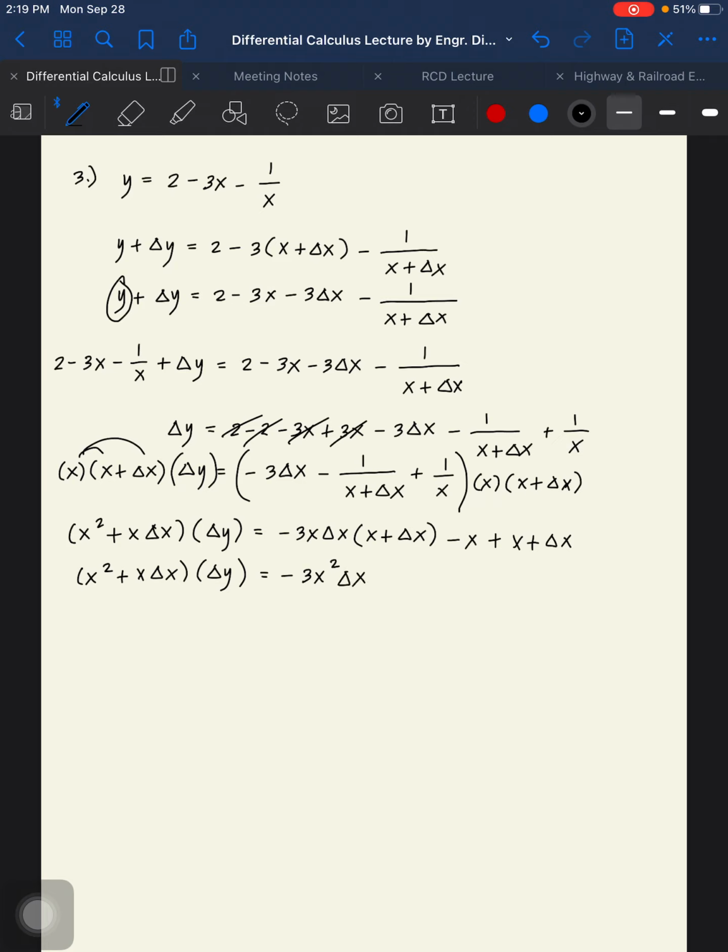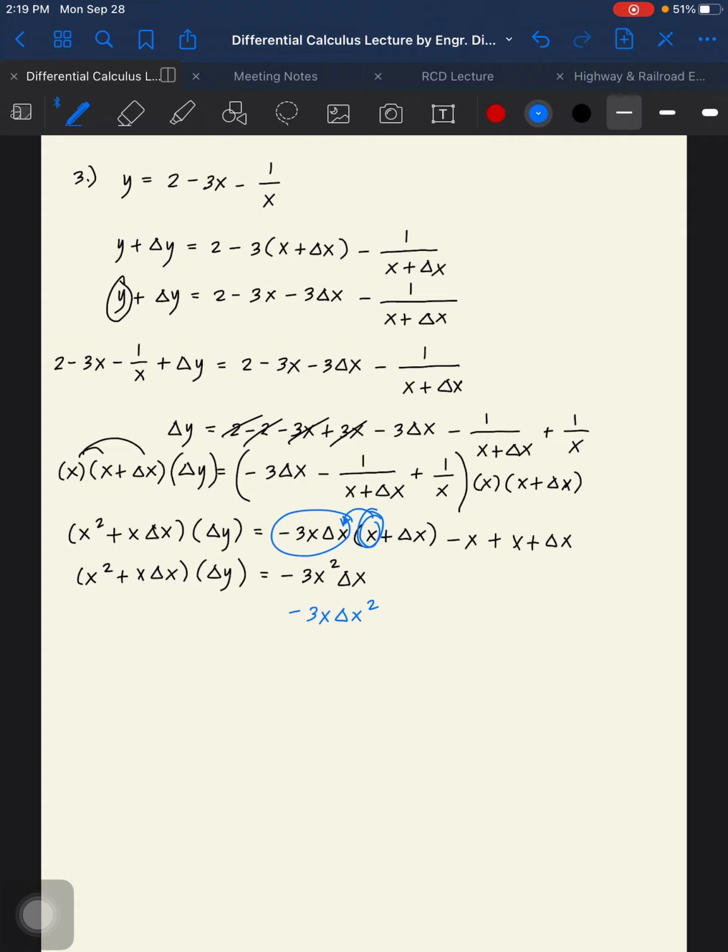Take note that when multiplying x with negative 3x delta x, the x here is not multiplied to the x in delta x, and thus the common mistake of some students, negative 3x delta x squared. No, that is incorrect. We consider delta x as a single entity.